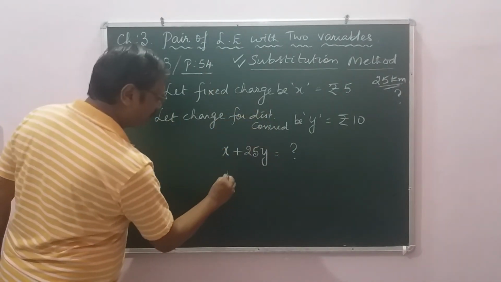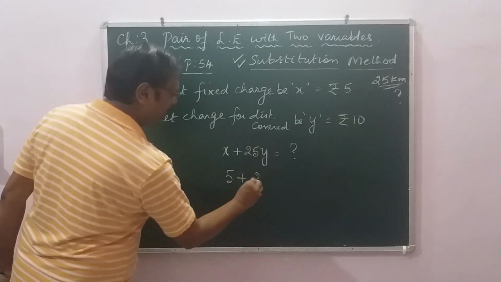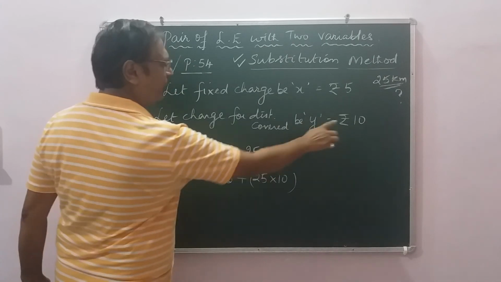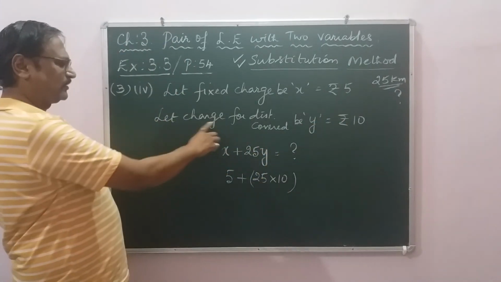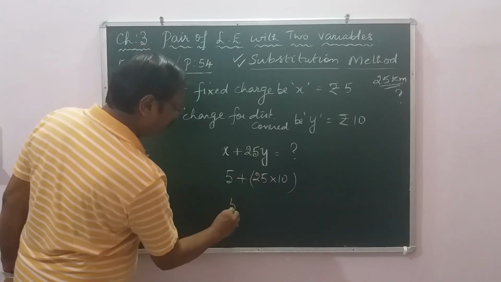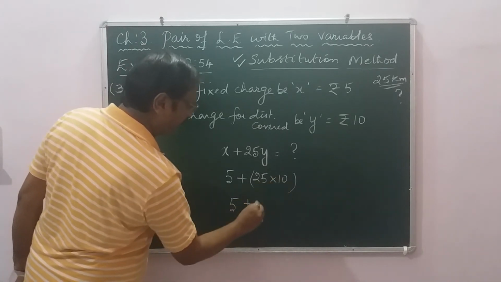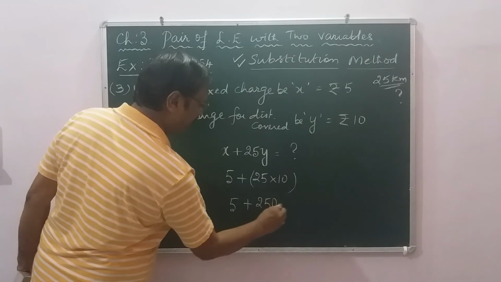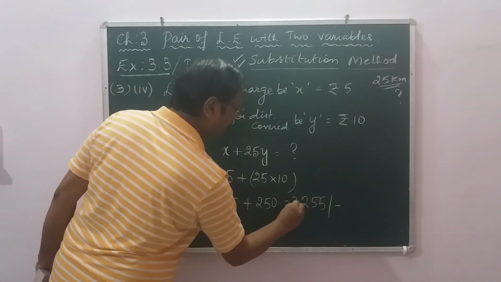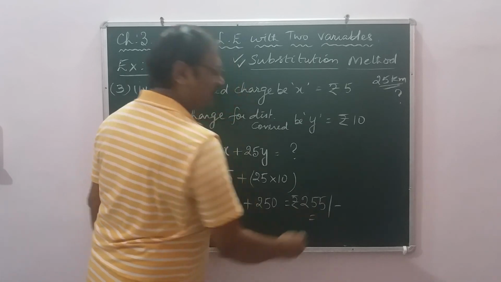X is 5 rupees plus 25 multiplied by 10, that is the y value, per kilometer. How many kilometers? 25 kilometers. That is equal to 5 plus 25 into 10, 250, that is total 255 rupees the person will pay.